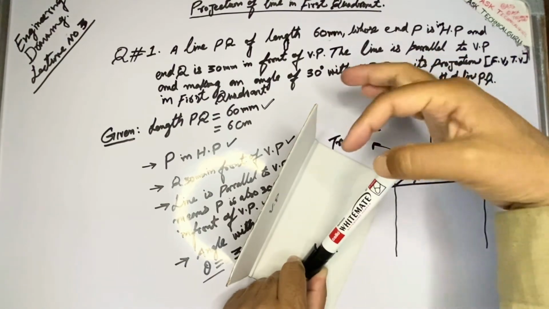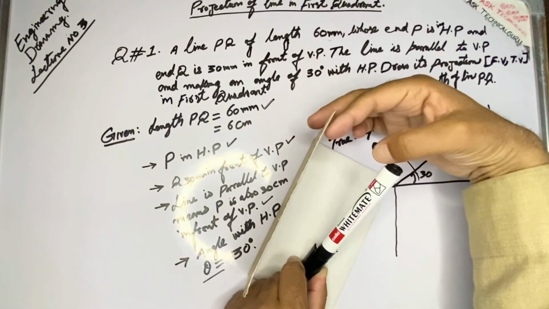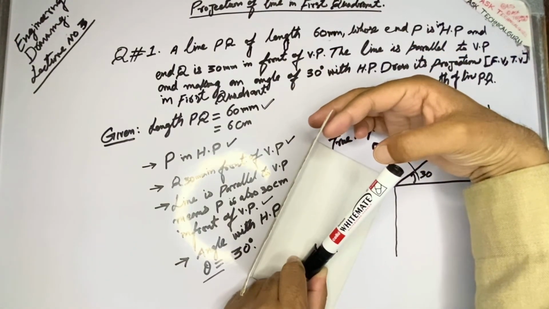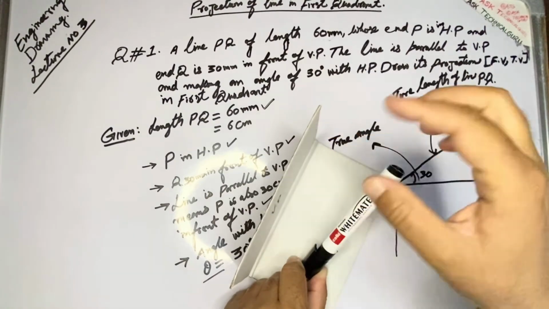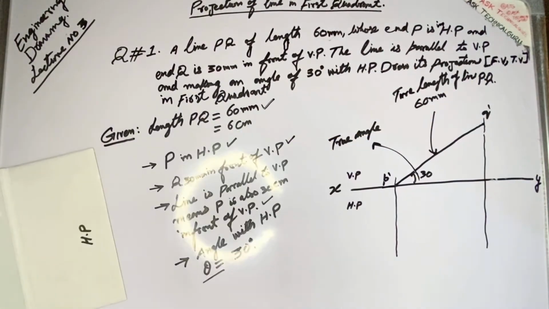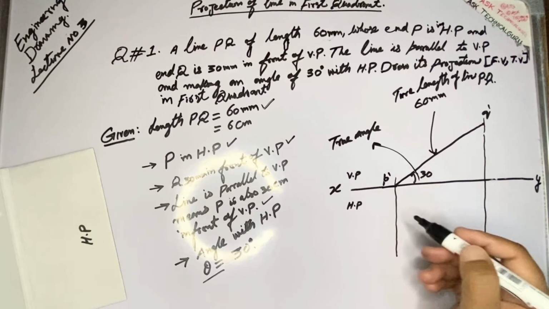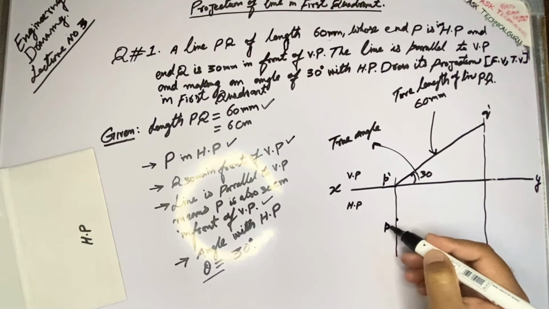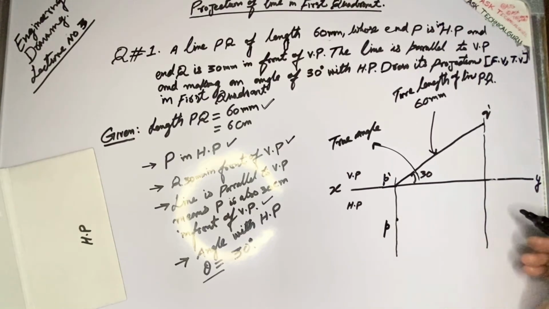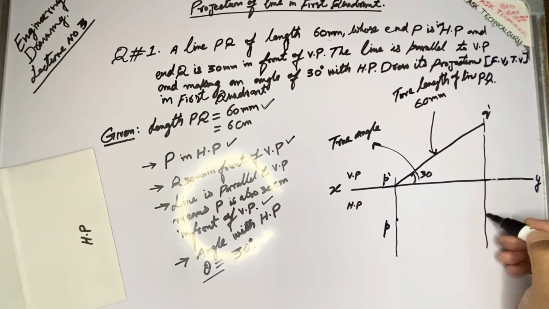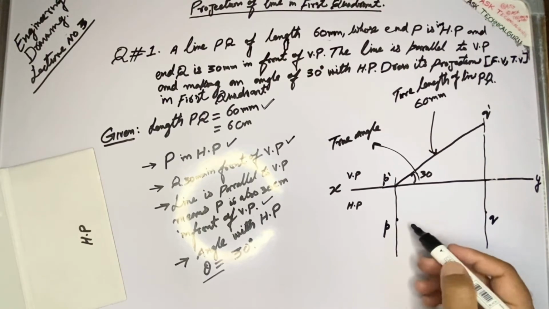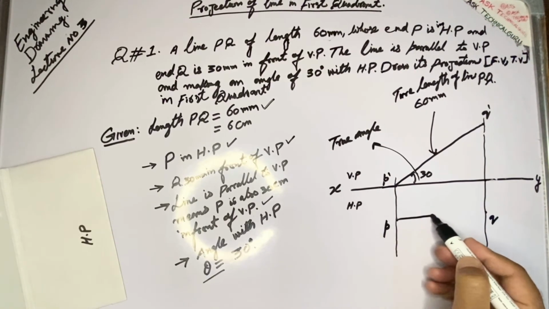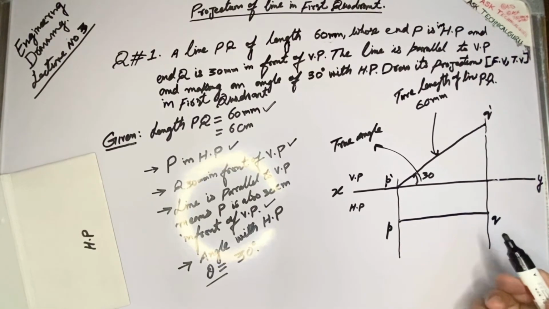And how much we have to go away from this vertical plane, that is given to us, that is 30 mm. Okay, this is 30 mm, this is 30 mm. Okay, means from this point we have to go 30 mm. This is P, small p, and from this point we have to go 30 mm, that is Q, and we have to simply join this line like this.